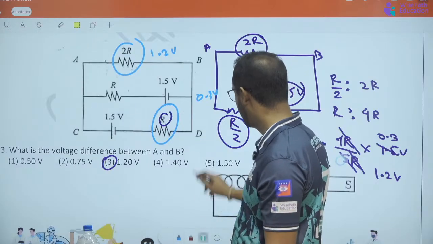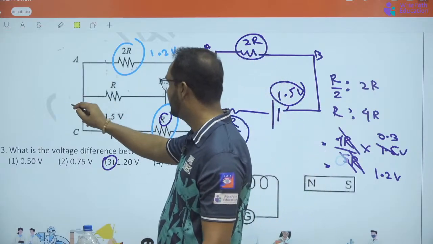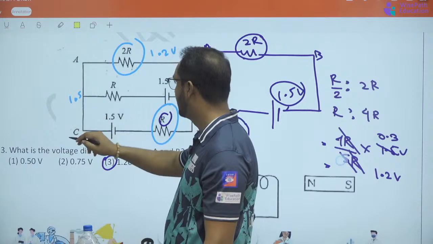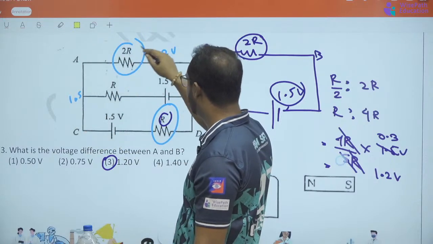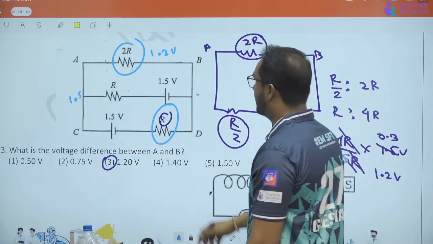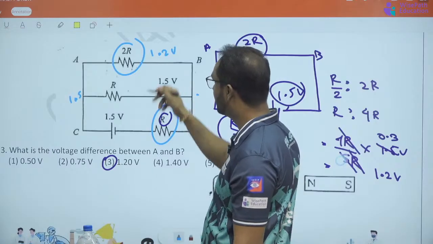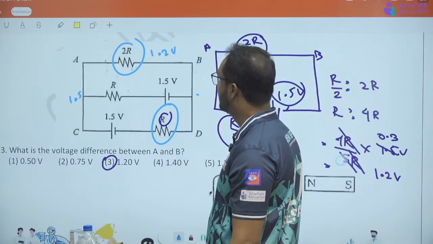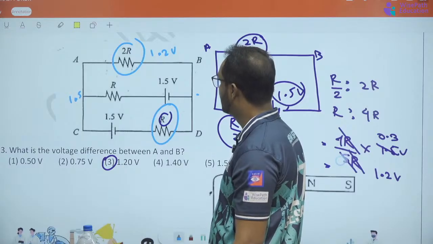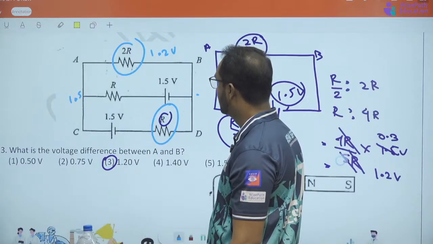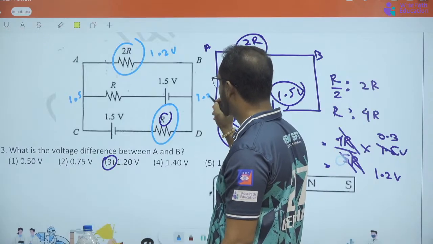So it comes in this way, right? So this is 1.5, and when it moves through here, this consumes 1.2, so this becomes 1.2 here.